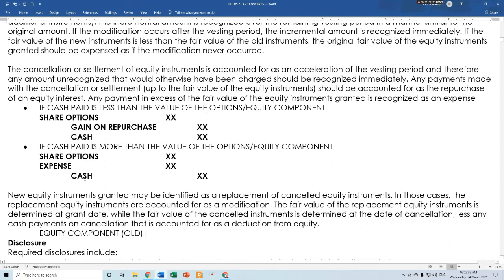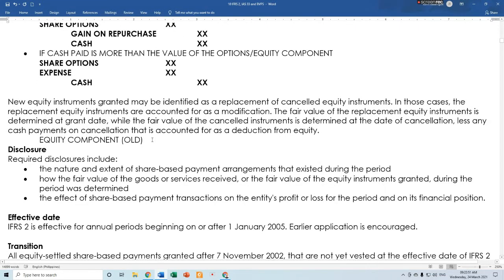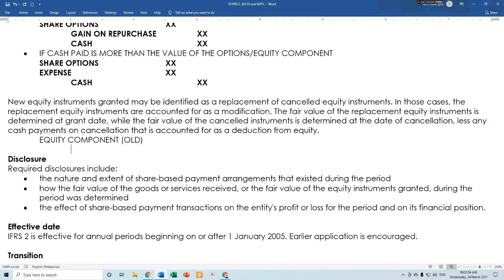Okay? Pagkatapos, kung mag-recognize ka man ng panibagong equity component, edi debit ka lang ulit ng expense, credit ka ng yung equity component. Pero kapag nagpalit ka, ganito lang yun. Debit ka ng equity component na old, tapos credit ka ng equity component na new.